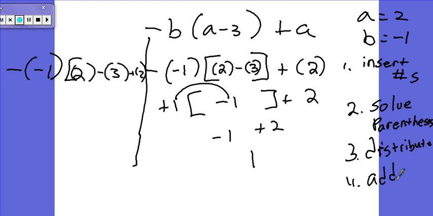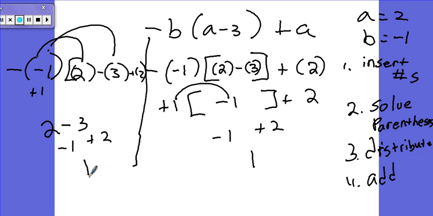I could do it the other way around. If I distributed first, this would be positive 1. I take my positive 1 to here and here. So that would give me 2 minus 3. I still get negative 1 plus 2, which is still going to be 1.